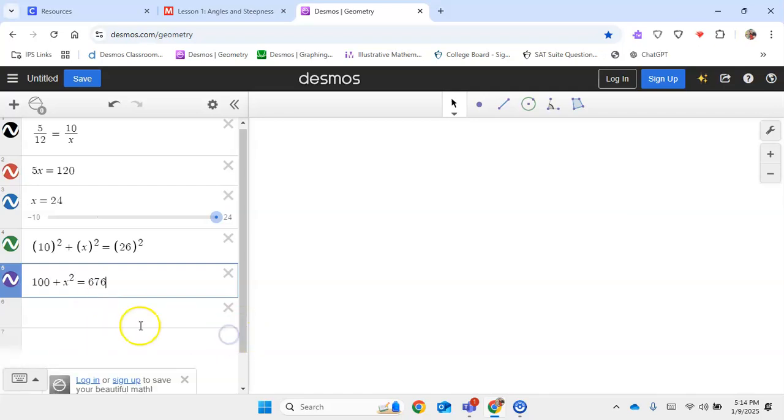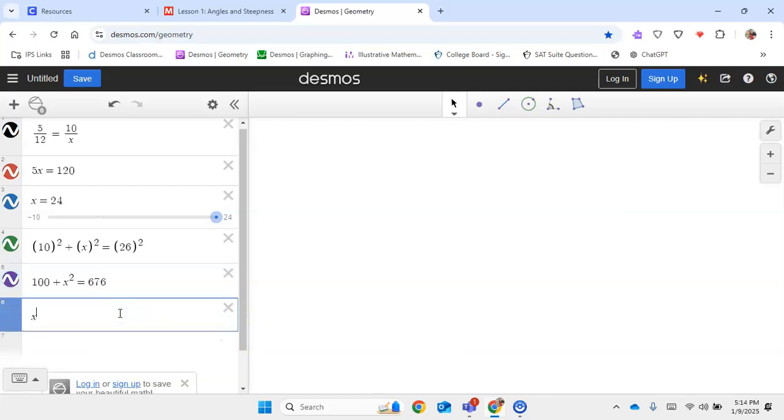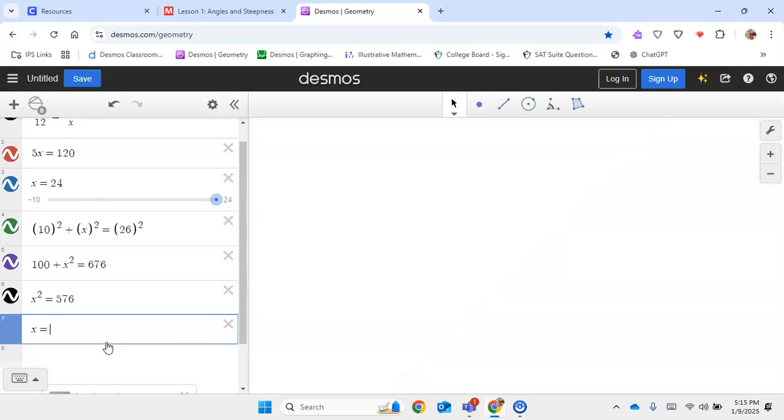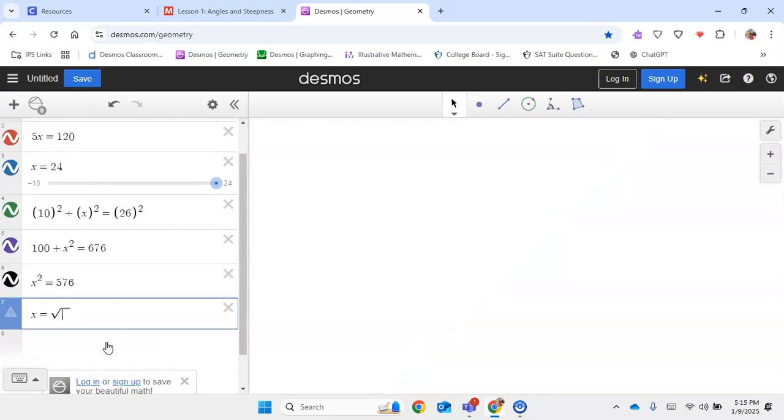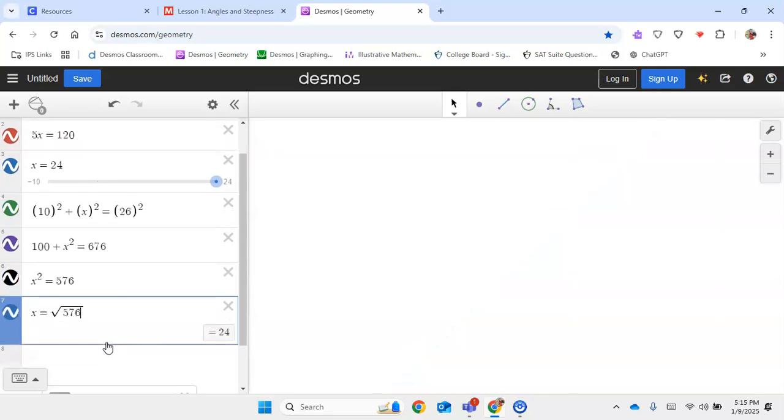If I subtract 100 from both sides, I get x squared equals 576. And taking the square root of both sides, x equals the square root of 576, which is 24.